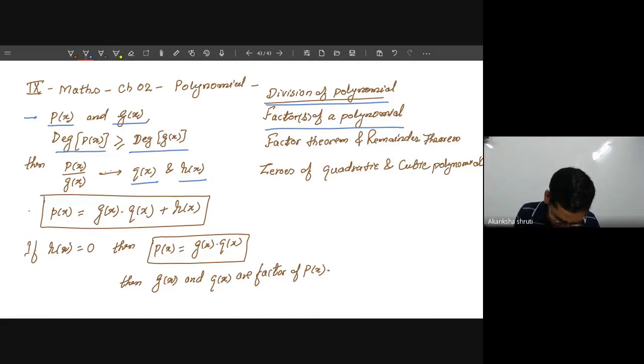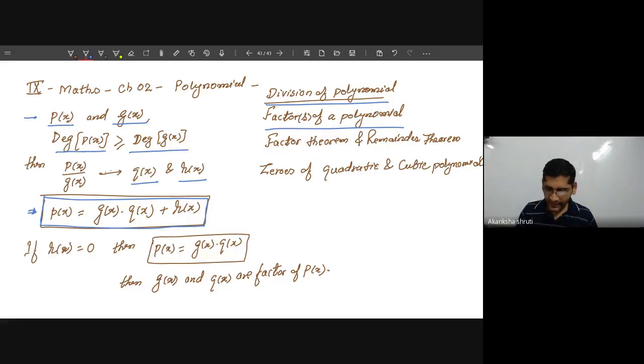So the same thing can be written here. Dividend px is equal to divisor gx into quotient qx plus rx. Okay, this is the general condition which is always applicable.